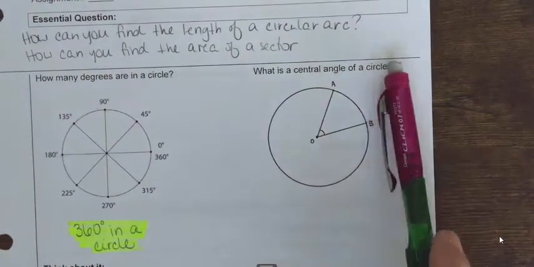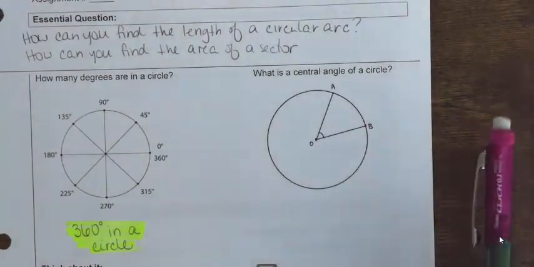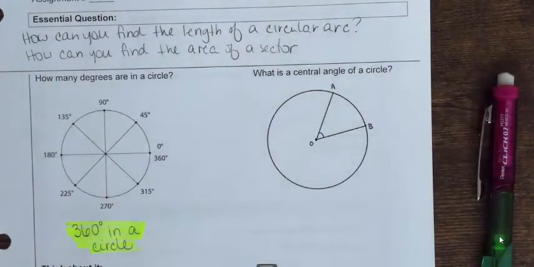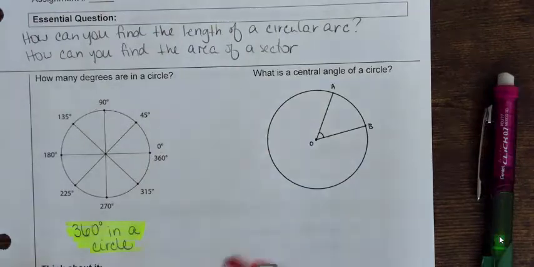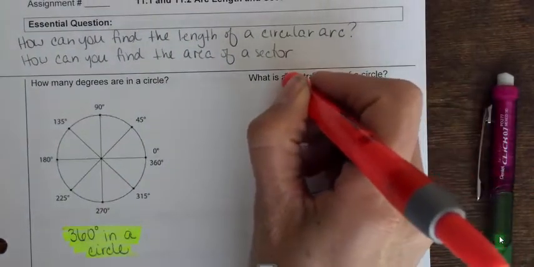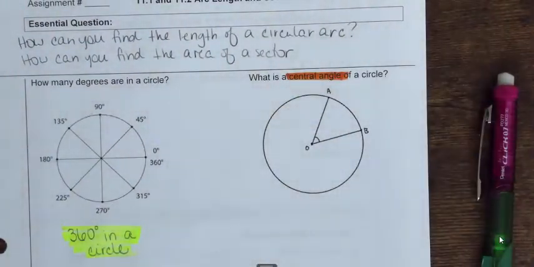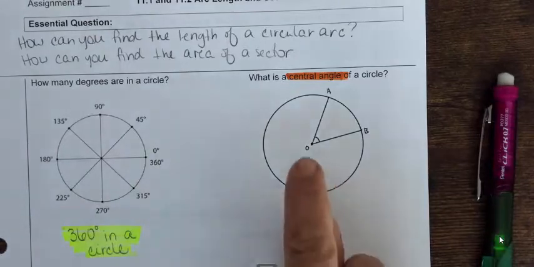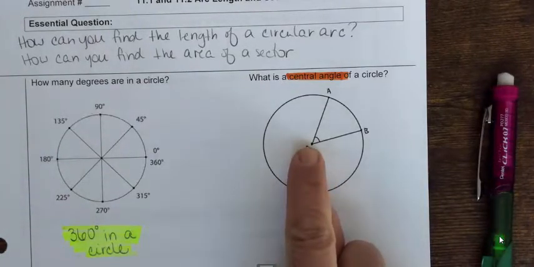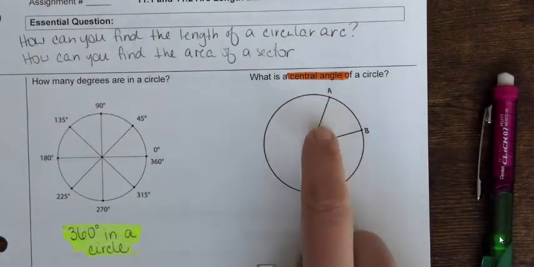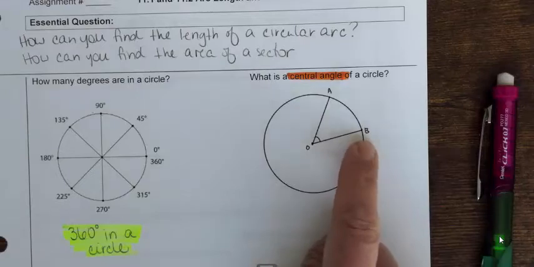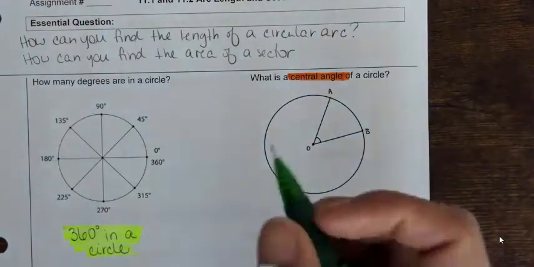My other question for you is what is the central angle of a circle? I'm going to go over a couple pieces of vocabulary here. First of all, the central angle, we'll highlight that with a different highlighting color. A central angle is an angle whose vertex is at the center of the circle and whose sides are the radii that intersect the circle. So let's write that down.